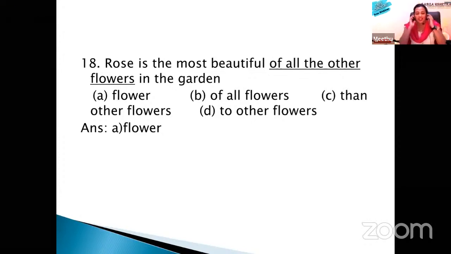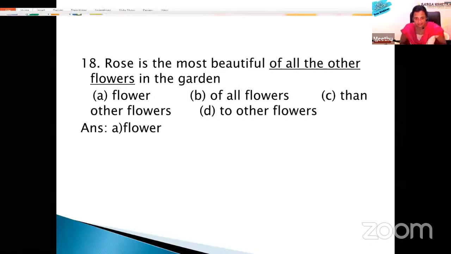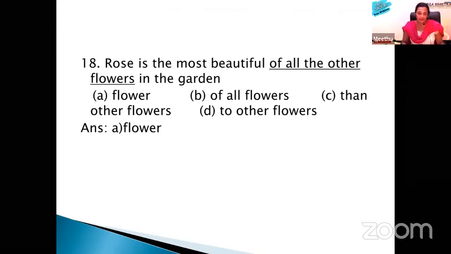The thing is, you have to understand what an adjective is. Rose is the most beautiful, you should see the particular word, the most. When you use the superlative form of an adjective, I repeat, when you use the superlative form of an adjective, the rose is the most beautiful flower in the garden.